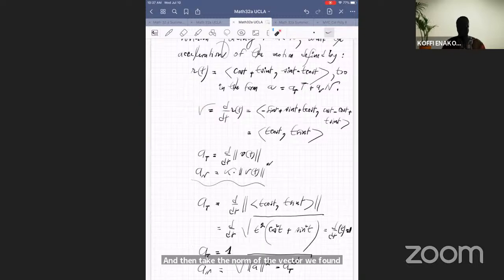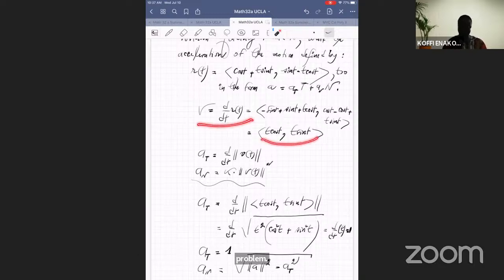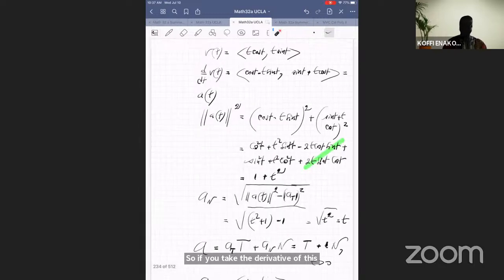That can also be a fast track to the solution of this problem. So if you take the derivative of this vector, that will be cosine of t minus t sine of t, which is here, and then sine of t plus t cosine of t, which is there.